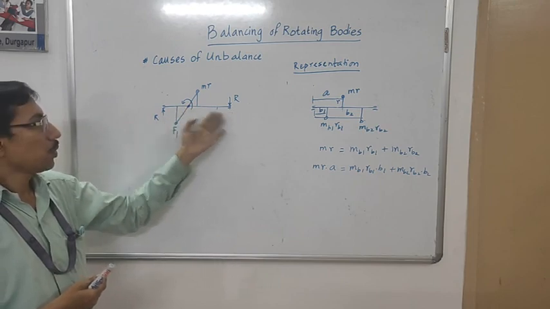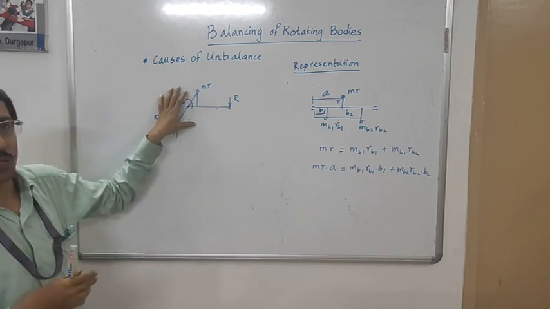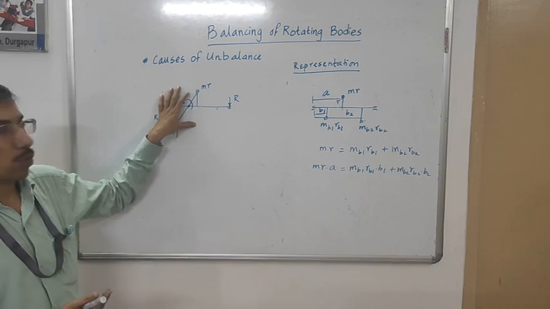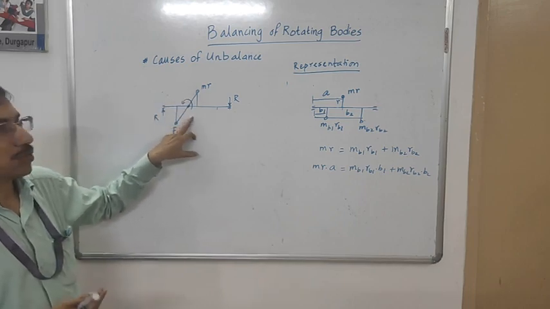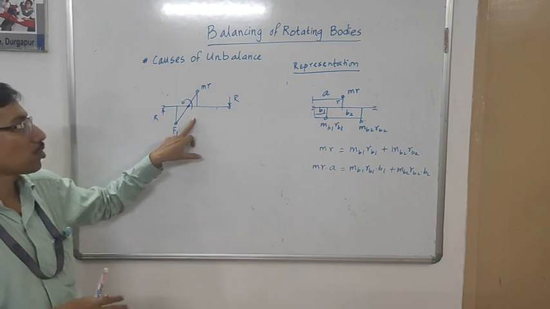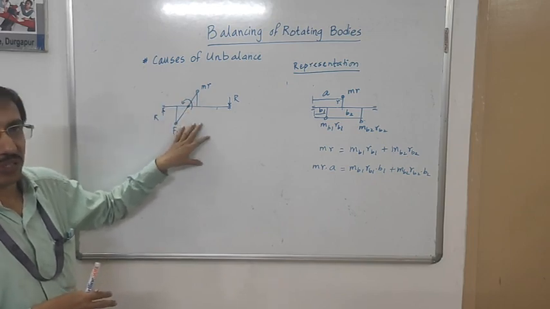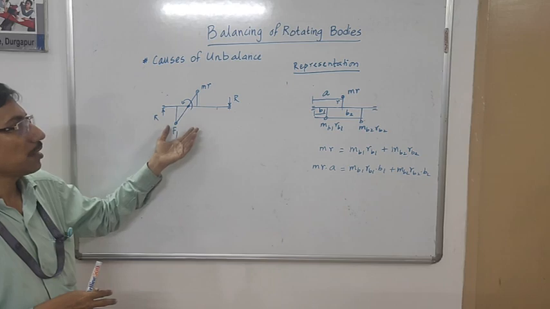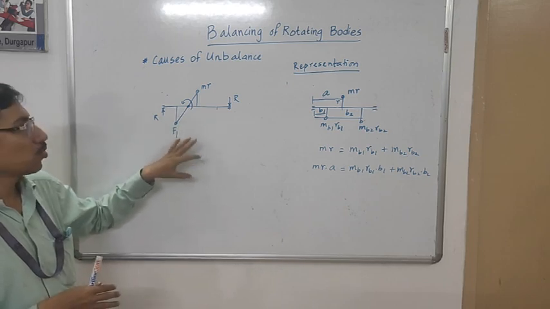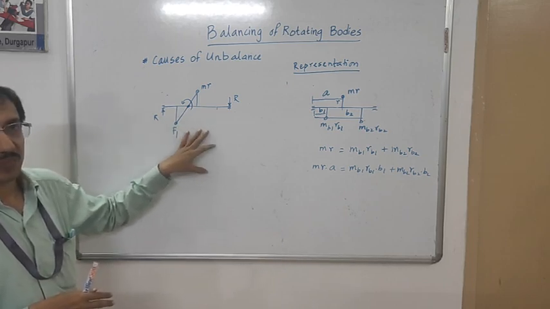So that's why this couple must also be balanced. So only force balance in this case will not be sufficient because of the dynamic unbalance present here. So we have to form the coupled equations so that it could be dynamically balanced.